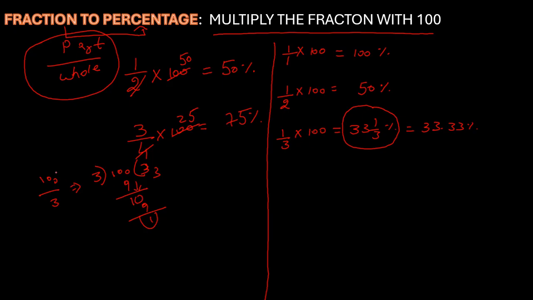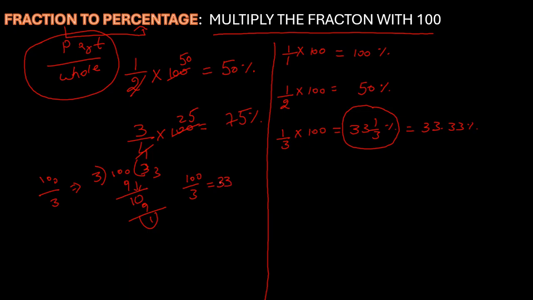So this is an improper fraction, right? This improper fraction can be converted into a mixed fraction. Look at this, how I write this improper fraction as a mixed fraction: 100 by 3 is also equal to the quotient, which is the whole number, that is 33.